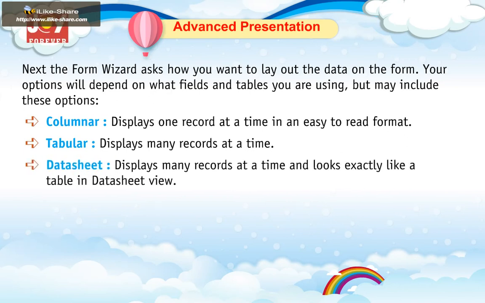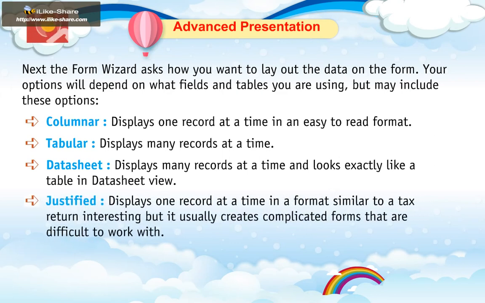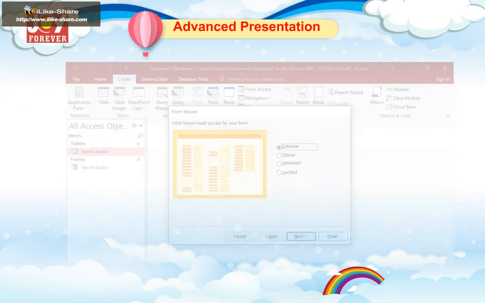Datasheet: display many records at a time and looks exactly like a table in datasheet view. Justified: displays one record at a time in a format similar to a tax return. Interesting, but it usually creates complicated forms that are difficult to work with.